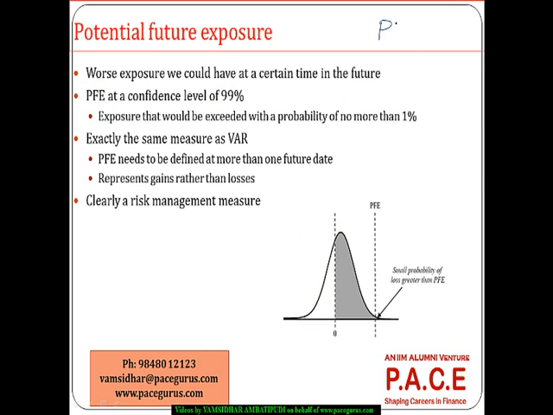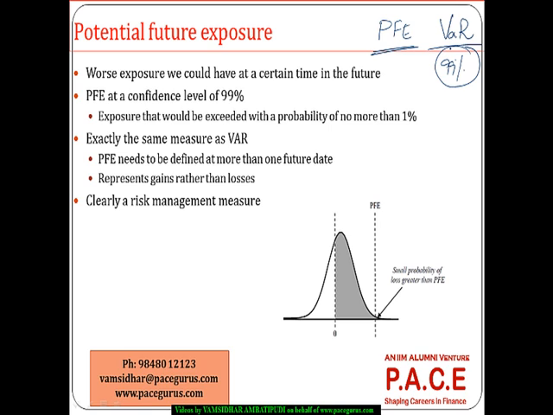So to a large extent, there are resemblances between potential future exposure and value at risk, because even when I say 99% value at risk, it means there is a 1% chance that a loss on a particular security or a portfolio will be more than this VAR amount.